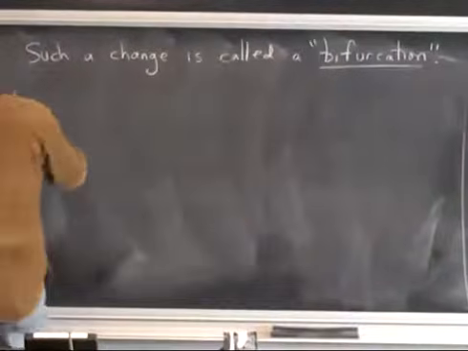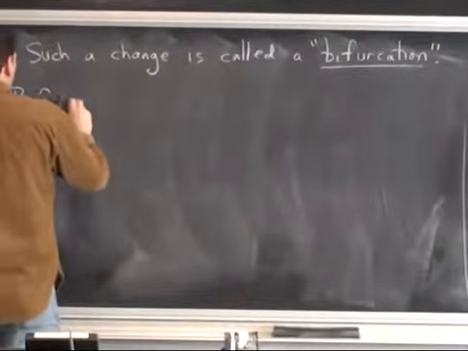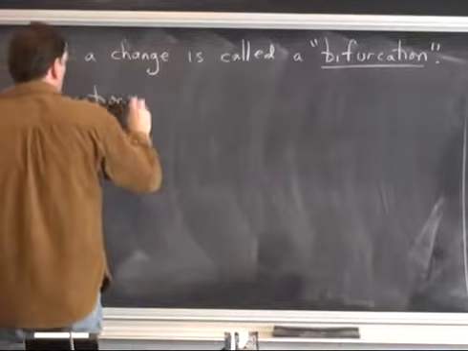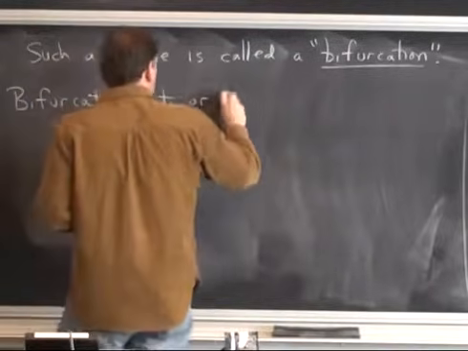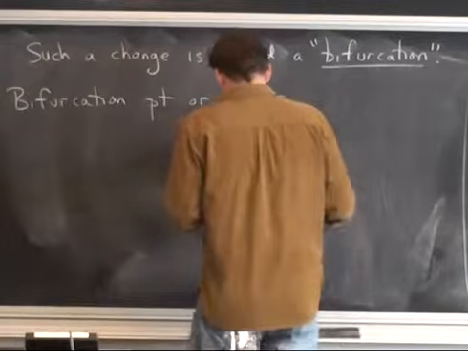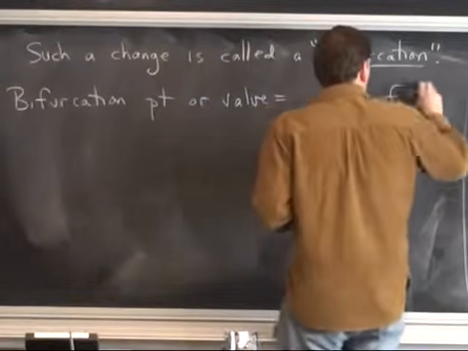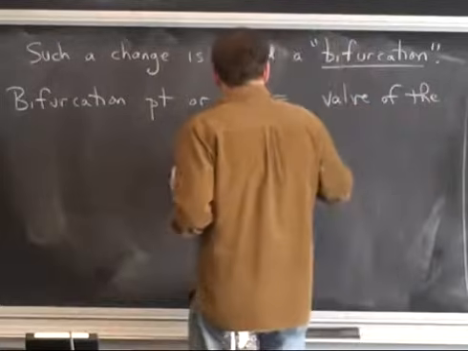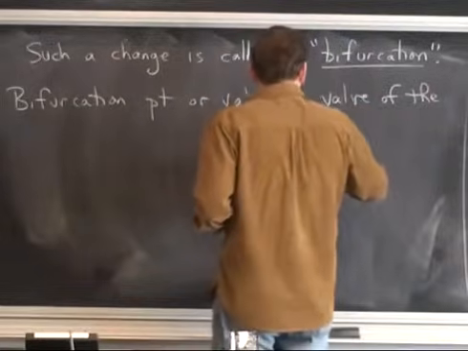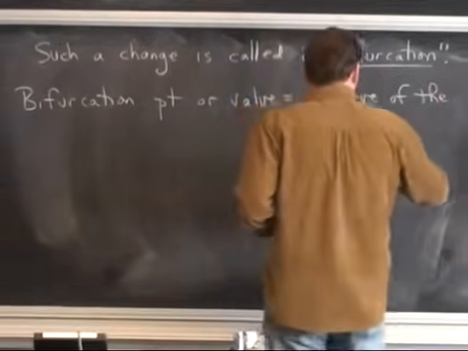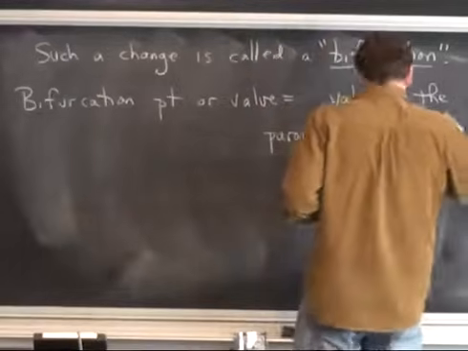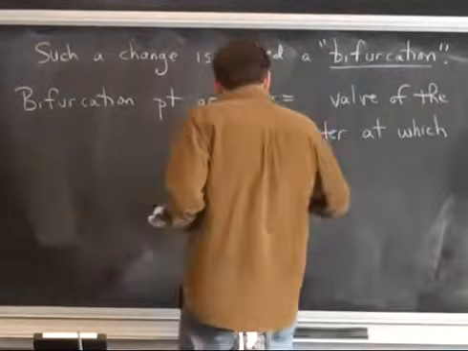And then we also have the further language of a bifurcation point or value. That's the value of the parameter at which the change occurs.